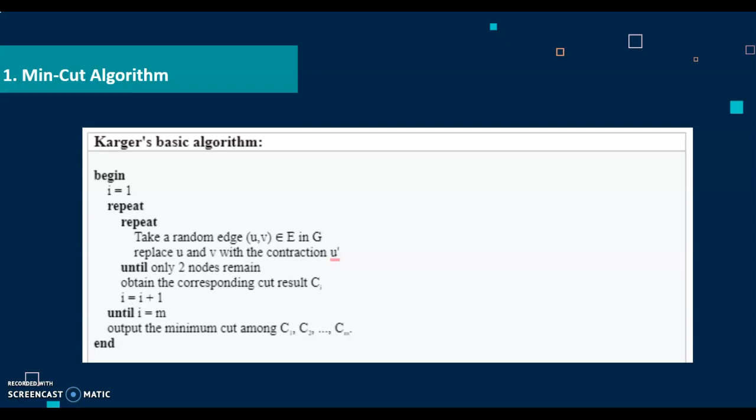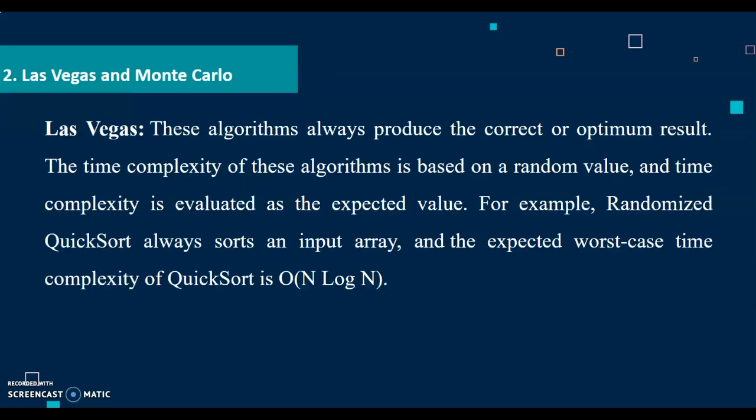In each execution of the outer loop, the algorithm repeats the inner loop until only two nodes remain. The corresponding cut is obtained. The runtime of execution is n, and n denotes the number of vertices. After n times execution of the outer loop, we output the minimum cut among all the results.